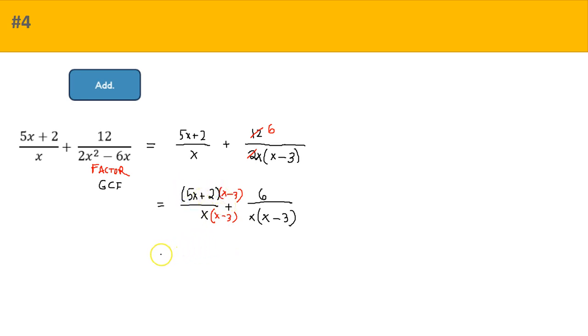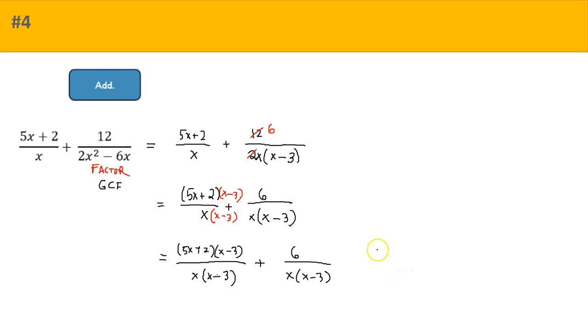Okay, so let's rewrite our problem. We have 5x plus 2 times x minus 3, divided by x times x minus 3. All right, awesome.